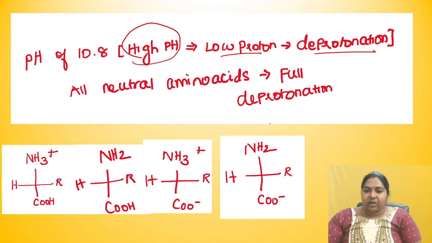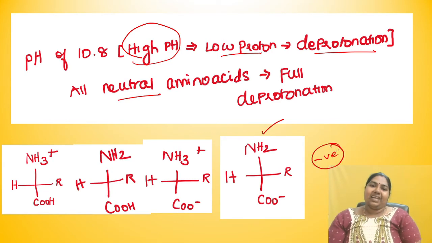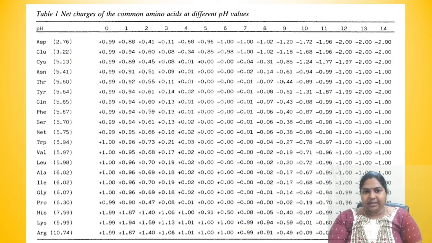So whenever the pH is high, it is totally becoming deprotonated. All the protons are removed. Okay. So if you remove all the protons, even if it is a neutral amino acid, it becomes a net charge of negative. Okay. So these two conditions you have to remember.